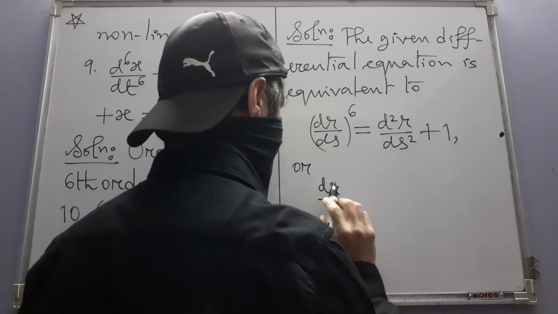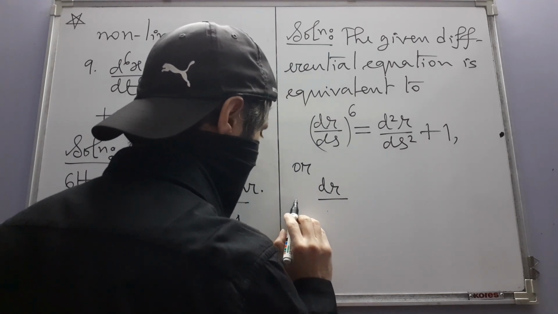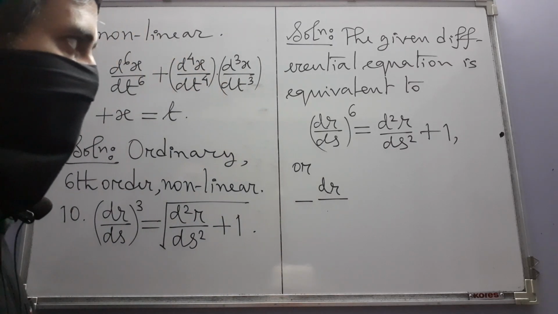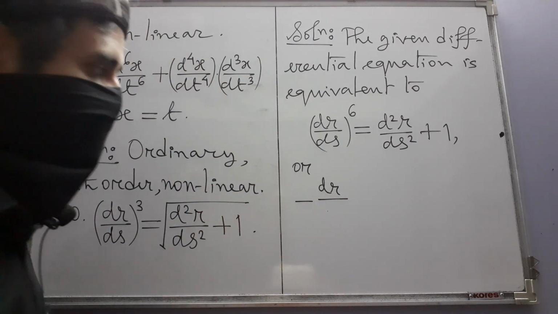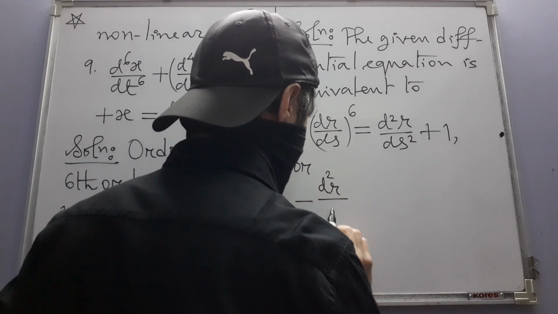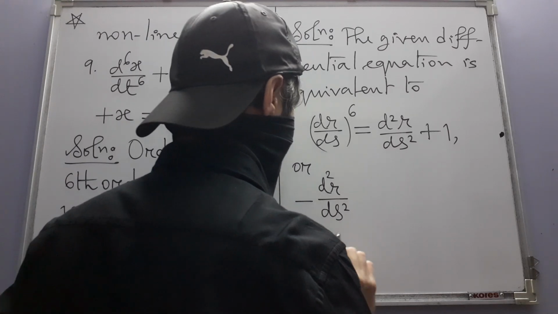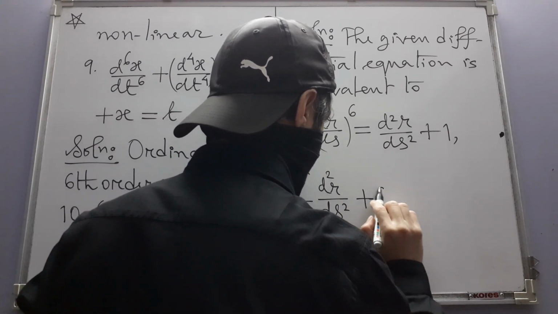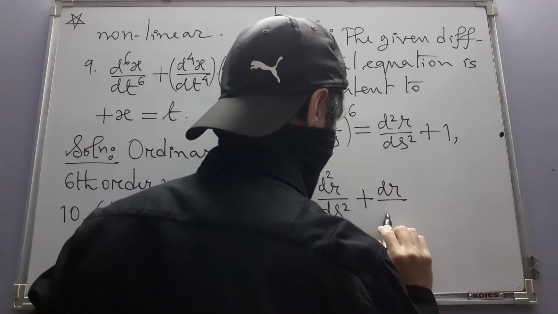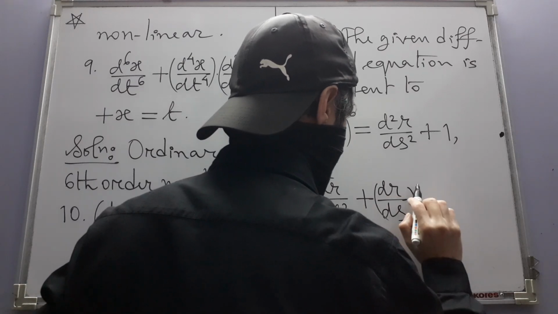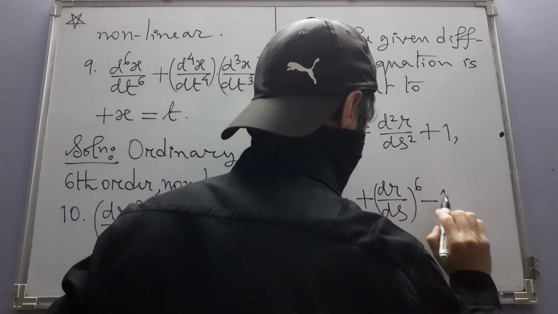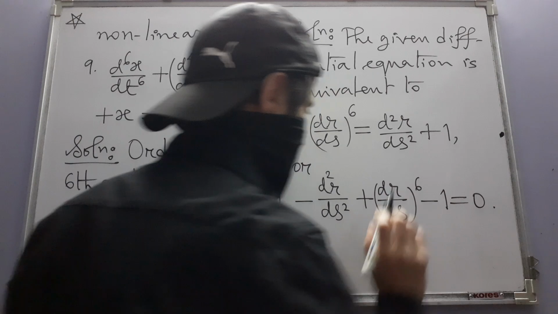And also write the equation in this form where we first write the highest order derivative. So minus d squared r ds squared plus dr ds to the power 6 minus 1 equal to 0.